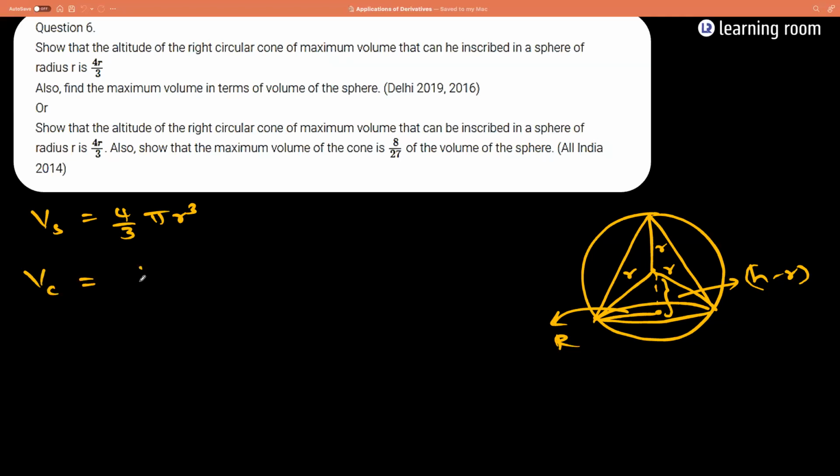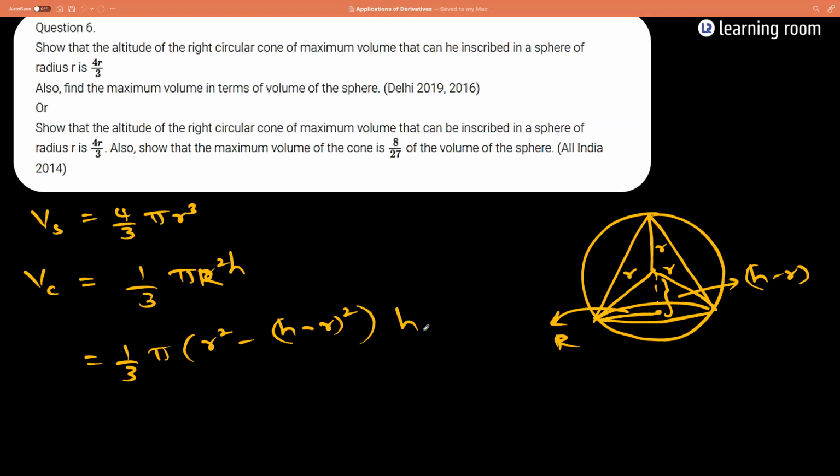Volume of cone is 1 by 3 pi R square h, sorry, capital R square into h. So 1 by 3 pi into, in the place of capital R square, what can I write it as? r square minus h minus r the whole square into h.